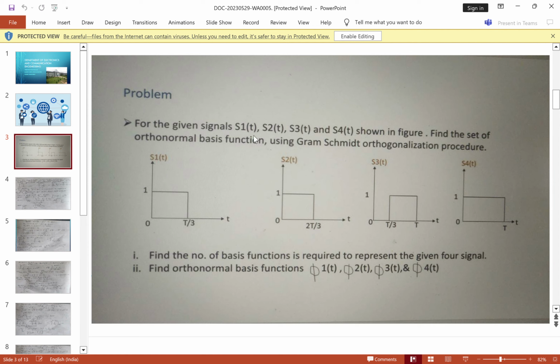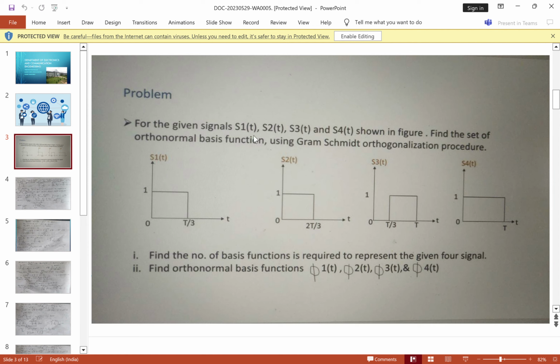Psi2(t) is equal to g2(t) divided by root of E. E is the integral from 0 to T of g2 squared(t) dt, which is the integral from T/3 to 2T/3 of 1 squared dt.